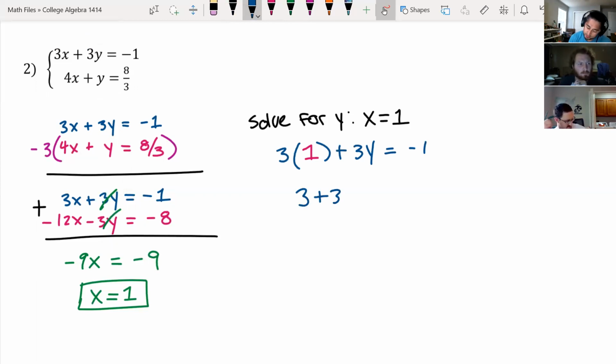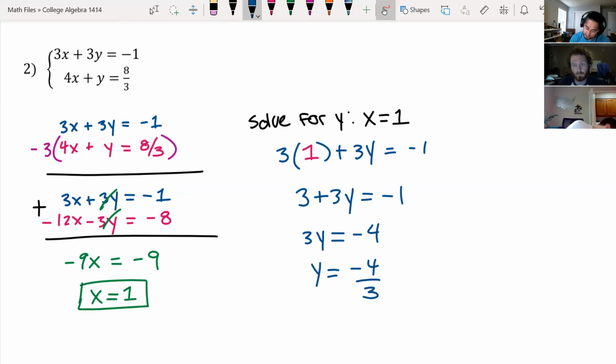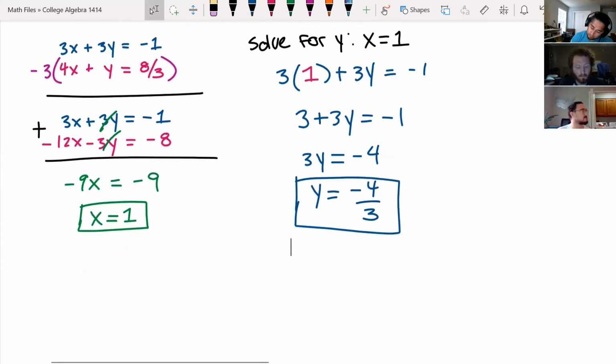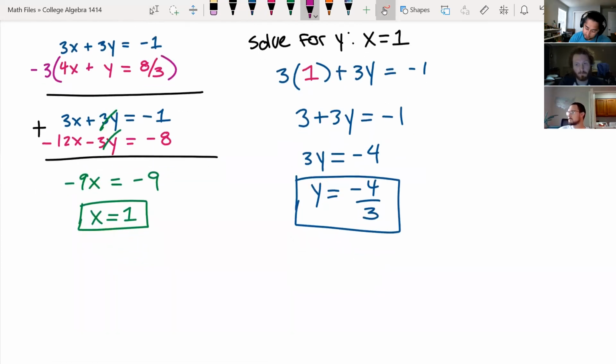You get 3 plus 3y equal to -1. Move that 3 over. You get 3y equals -4 and y equals a negative 4/3. And there's our solution. One comma negative 4/3.